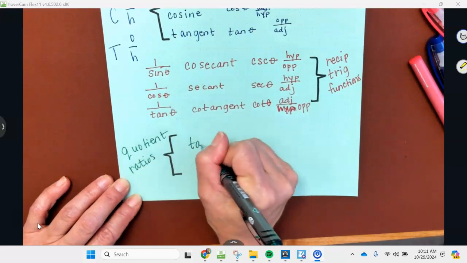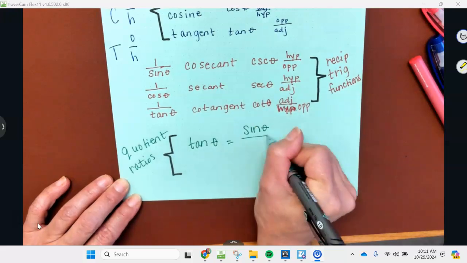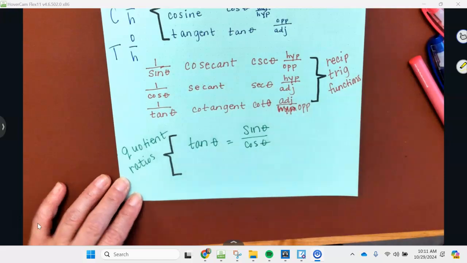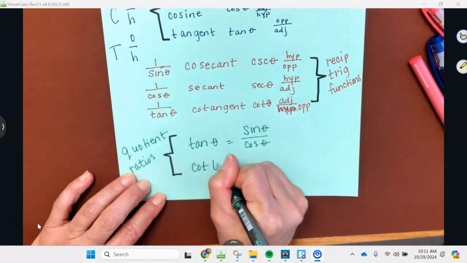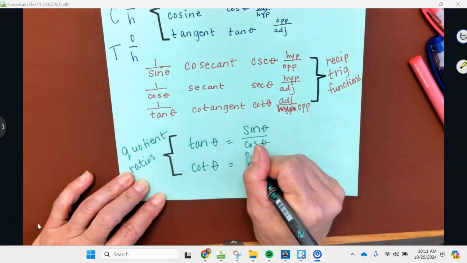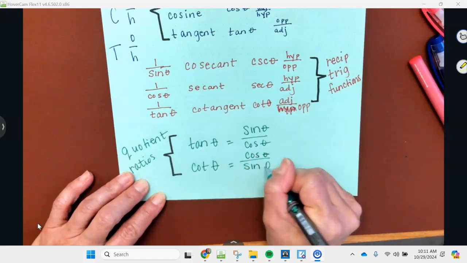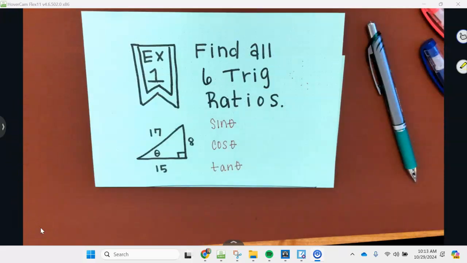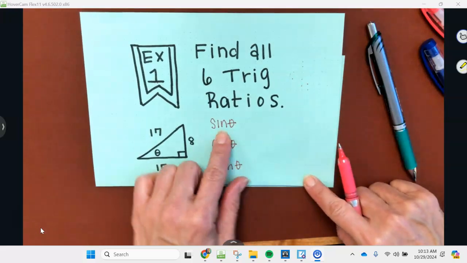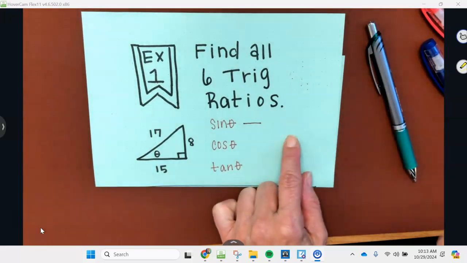And remember, tangent theta is really sine theta divided by cosine theta. Cotangent theta is going to be cosine theta divided by sine theta.